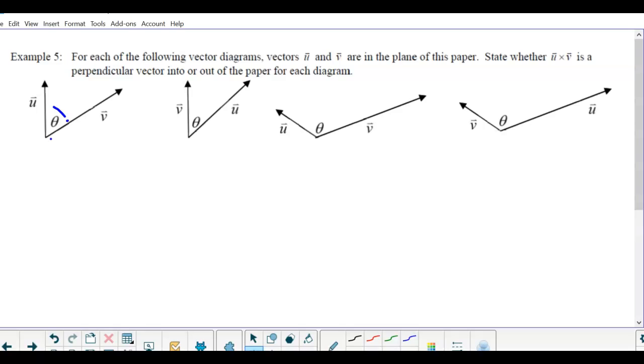Here, if I start here and curve around to V, my thumb has to go out of the paper. Here, to start at U and go to V, my thumb has to be into the paper. So if it's on a piece of paper, and U is to the right of V, then the normal's coming out, right? If U is on the left, then it's going in.